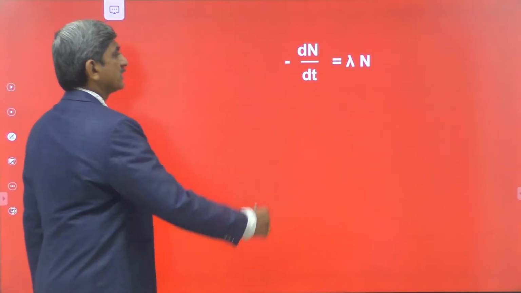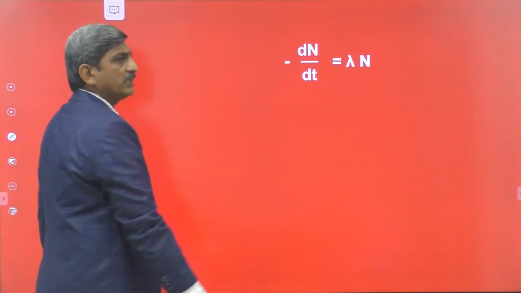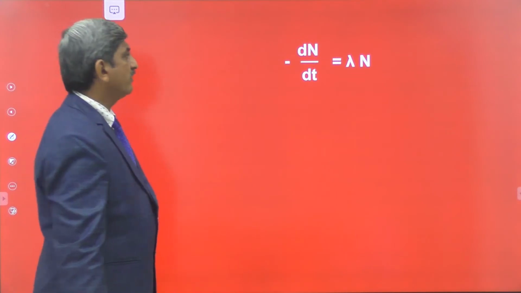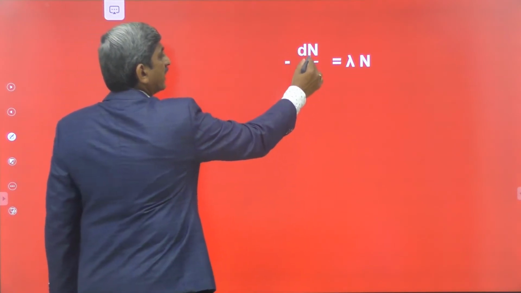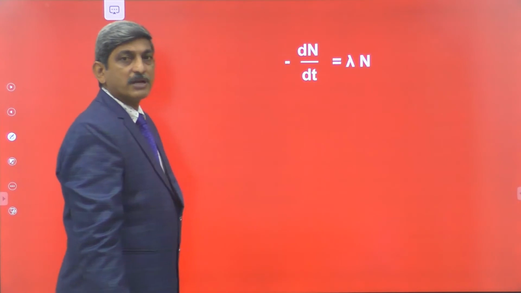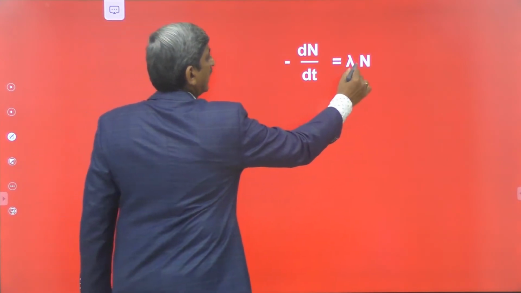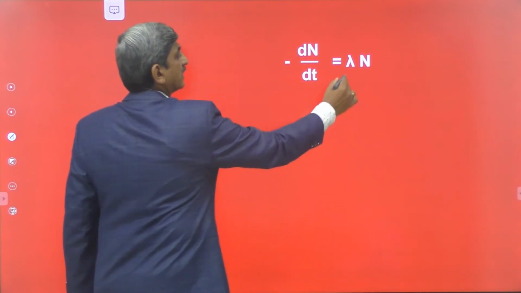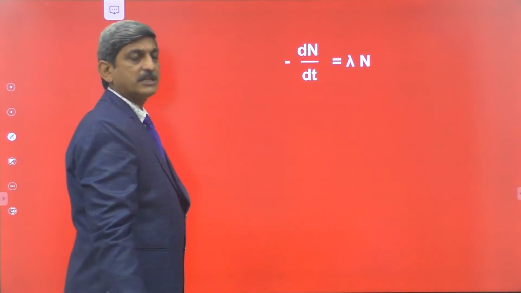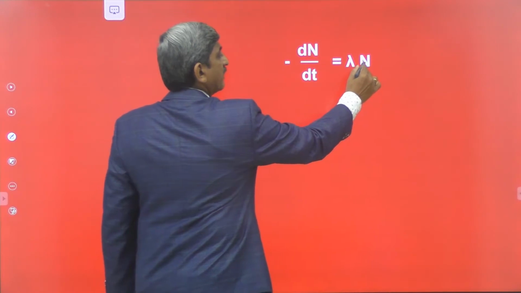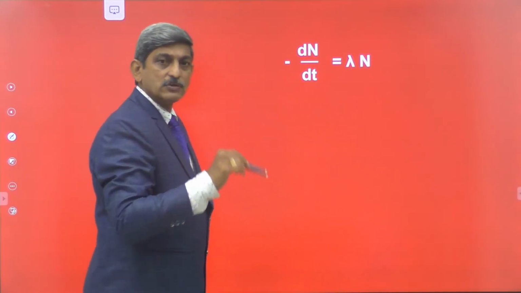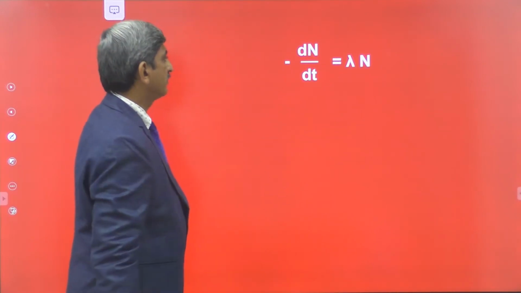The first one is, according to the law of radioactivity, the rate of decay, or the number of nuclei that disintegrate in 1 second, is given by lambda N. Here, lambda is the decay constant, N is the number of radioactive nuclei present in the substance.